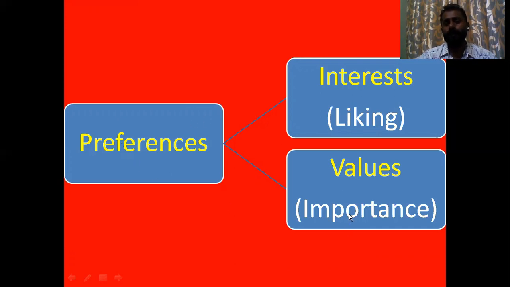When your preferences have the basis in importance, they become values. Very important concept, please internalize. When your preferences have basis in liking, then that is your interest. When your preferences have basis in importance, then they are your values.